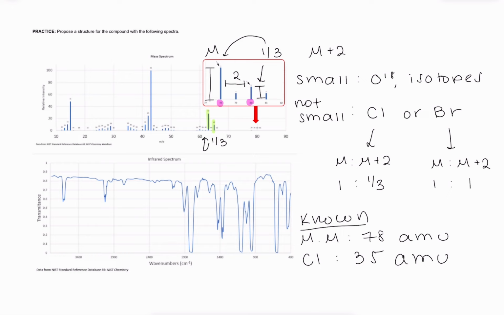Now let's move on to the infrared spectrum. For this, I highly recommend you have an infrared spectroscopy absorption table at hand for reference. A strong band is seen around 1800 inverse centimeters.